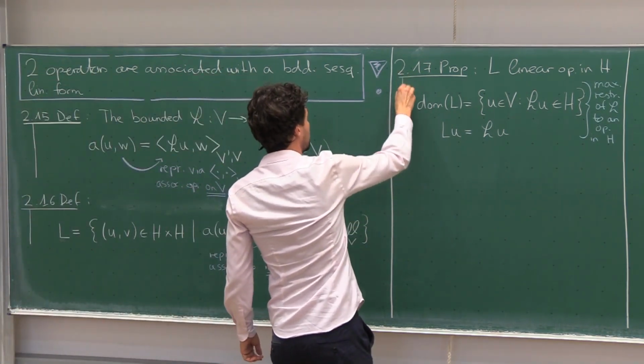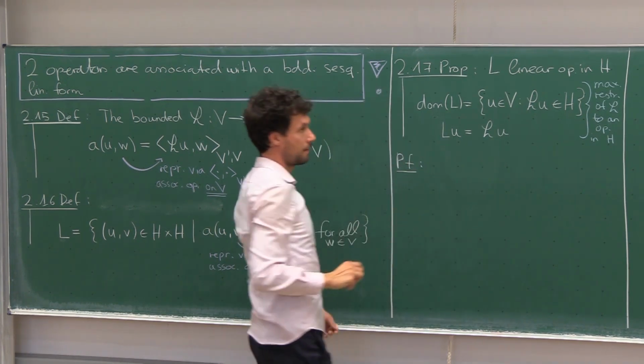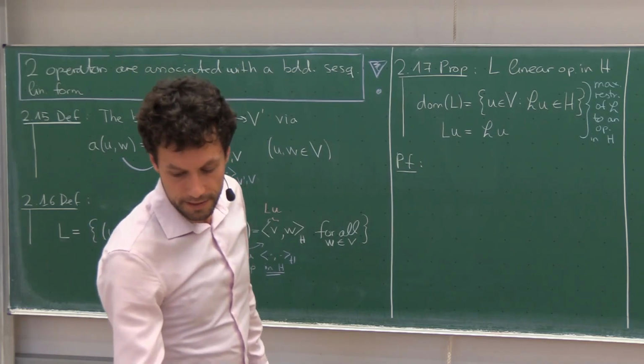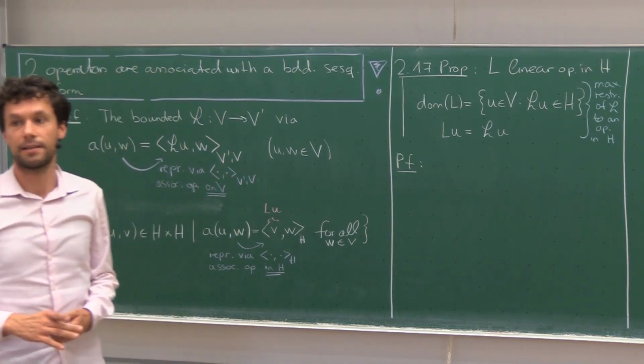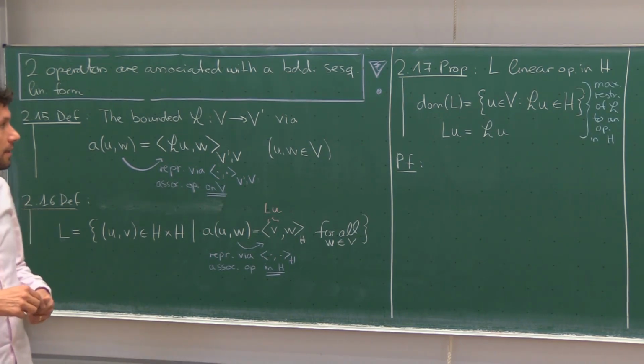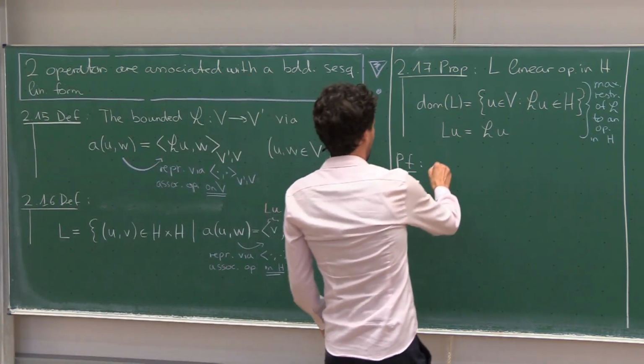It's as good as it could possibly be. Now, it's somehow in the nature of these things that we're doing here that the proof is more or less a consequence of the definitions.